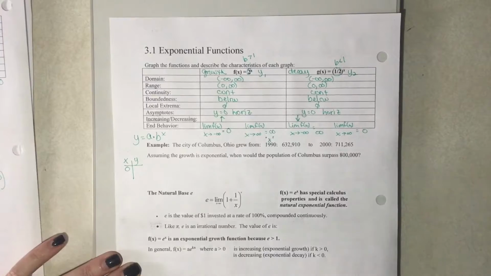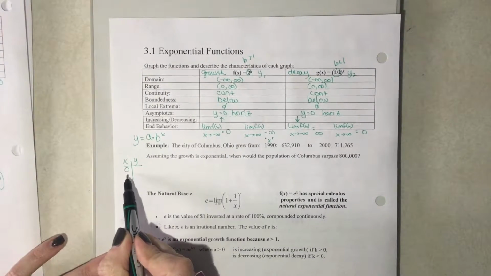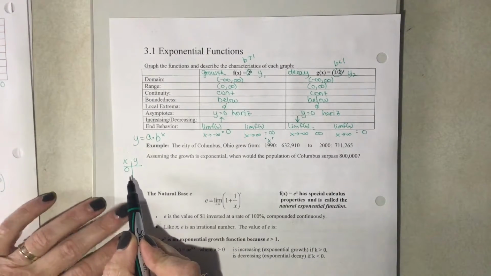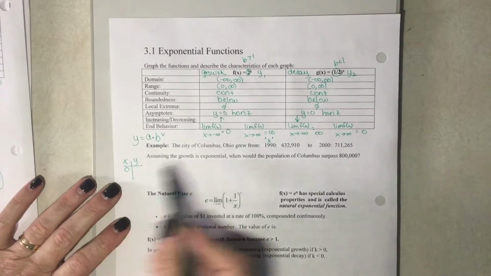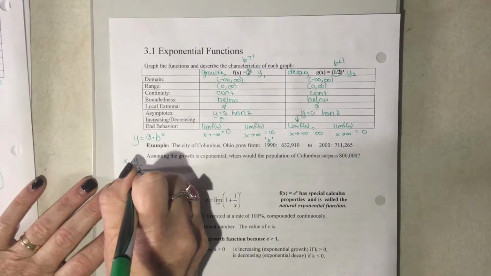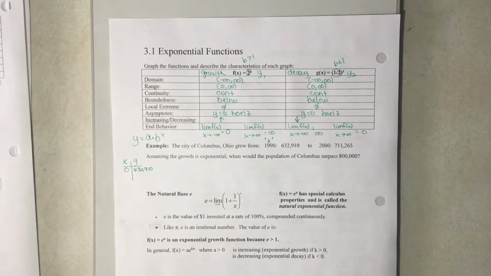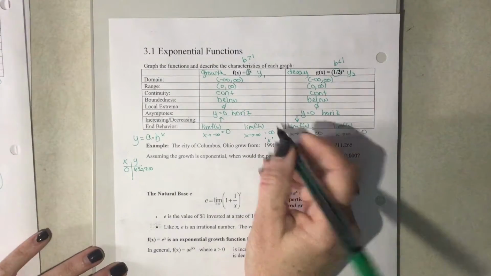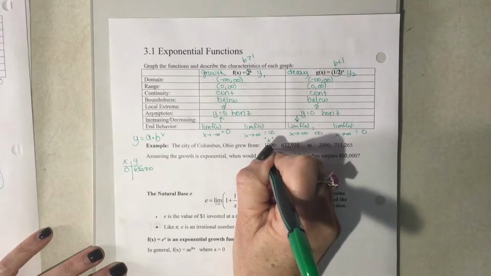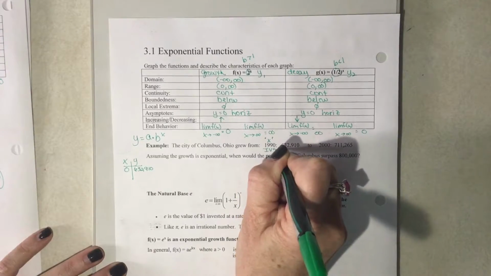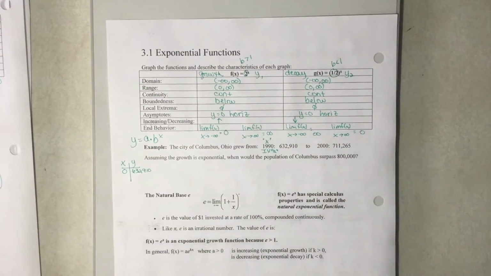But I'm going to plug that in as 0 because that's my starting point. So at 1990, what was the population? 632,910. So that is my initial value, which is A. And I'm putting that in at 0 because that's when they started the data for this particular study.